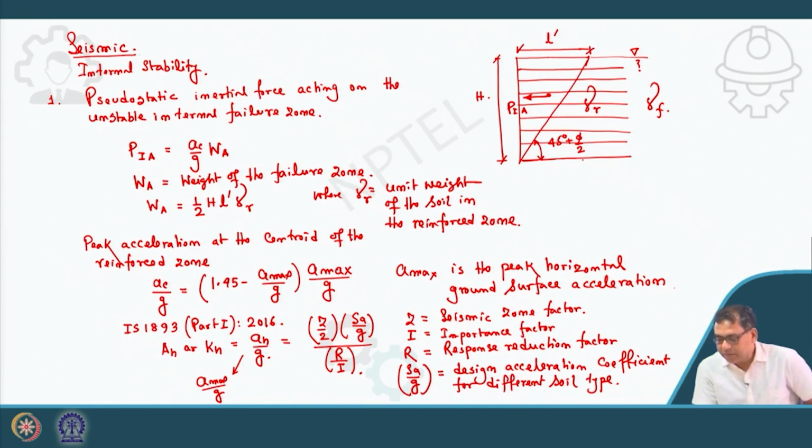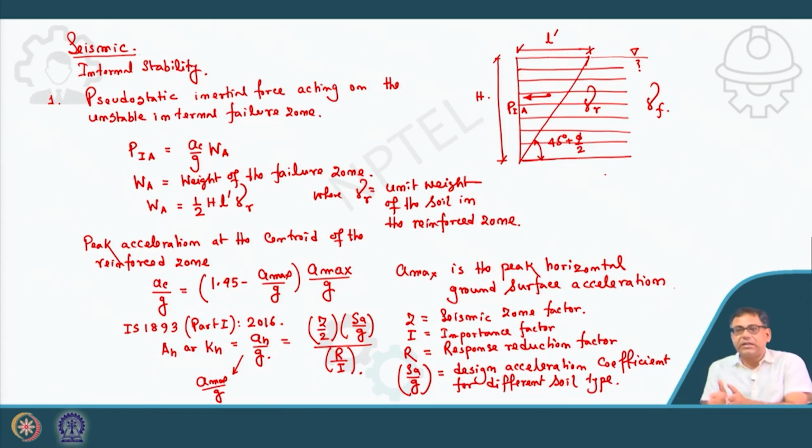So, the bottommost reinforcement layer has maximum resistance area. So, more PIA, the pseudostatic internal force acting due to seismic condition, will be distributed to that reinforcement layer, and the top reinforcement layer will be given the lowest PIA value as per this condition, where the length of the reinforcement is the same, and for this particular failure surface; for the inextensible case it will be different.